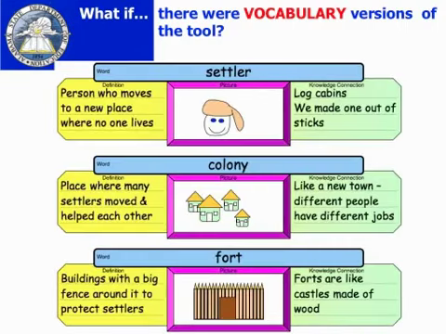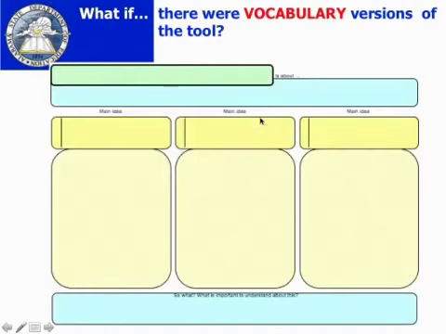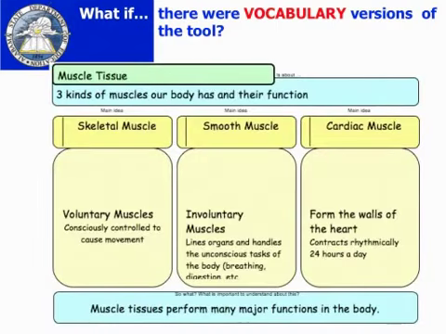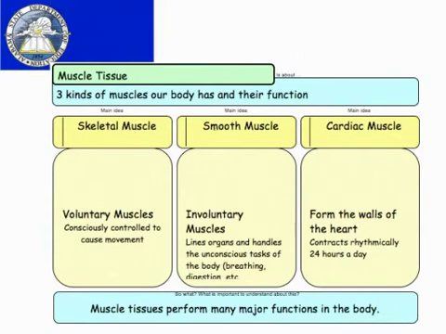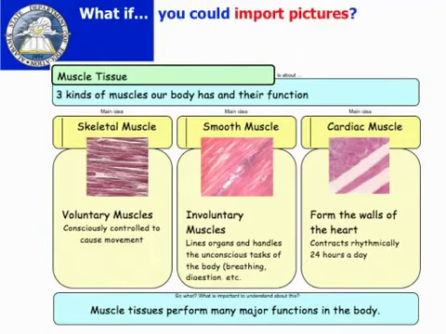Here's one slightly more sophisticated, where over here you have the term, what would be the definition of the term, what's a knowledge connection? What does this make you think of? And then draw a picture. Here's one for science. So what if you could import pictures? Or links to videos?